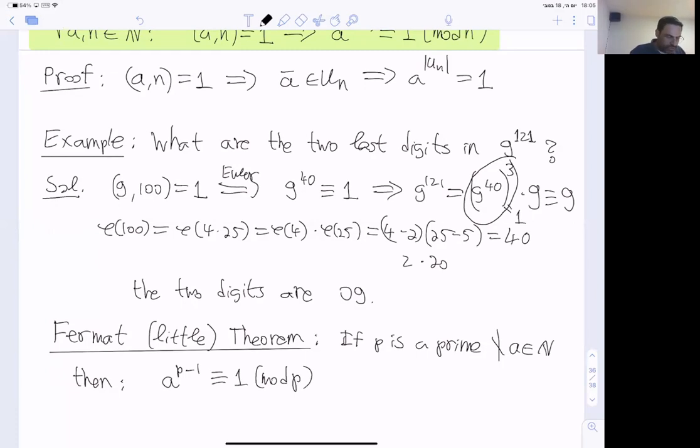What is the relation between Fermat's theorem and the other one? Okay, so I took here a prime number p, which does not divide a. Of course, a does not divide p, because p is a prime and a is not equal to p.